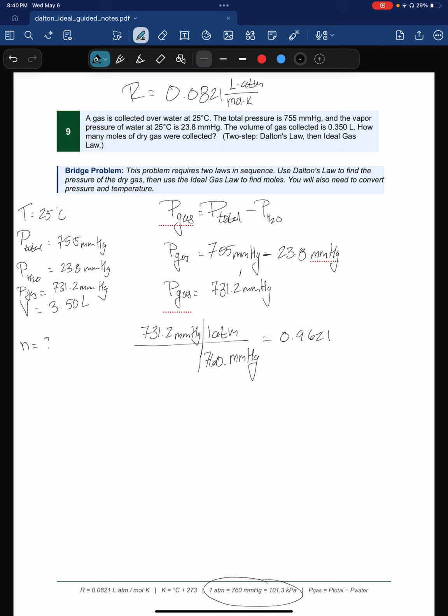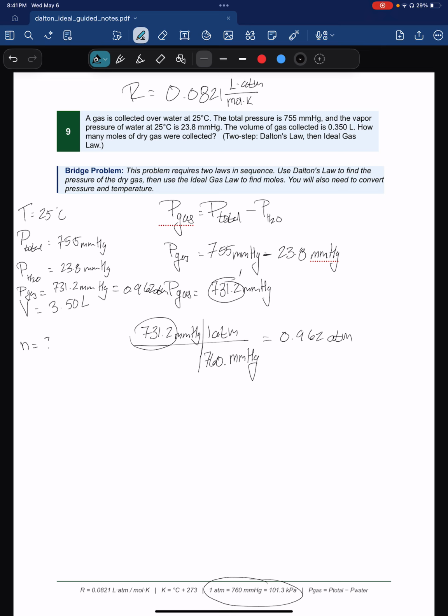Now, I'm going to take significant figures now so it doesn't get too confusing. There are 3 significant figures here, so we'll have 3 significant figures. And that's in atmospheres. Perfect. I'll add that over here: 0.962 atmospheres.